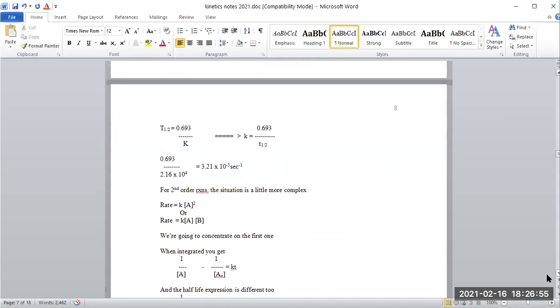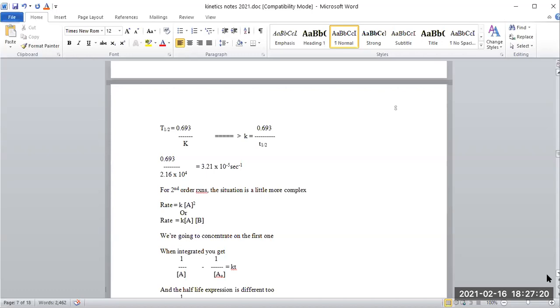There are two options here. We're mostly going to tend toward the first one, but the second one is not really mathematically different. It depends upon if you had dramatically different starting concentrations.